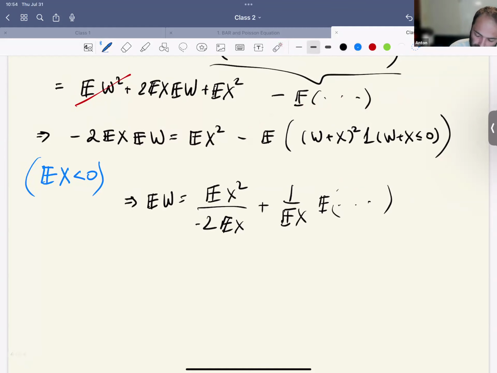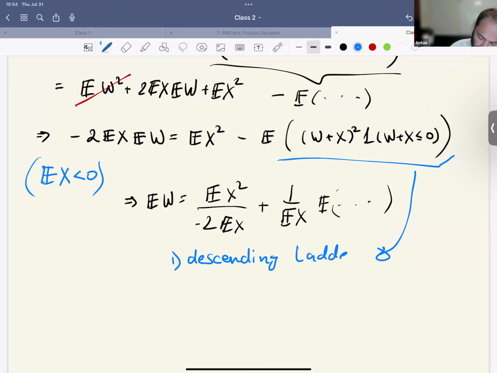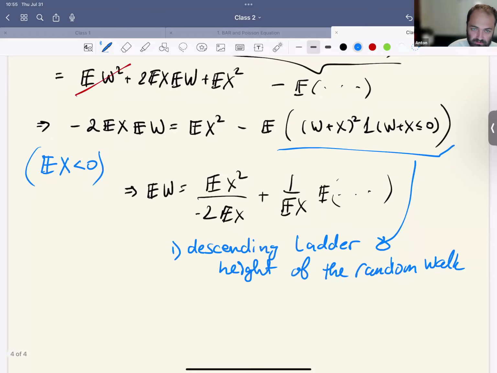And to summarize very briefly, this thing corresponds to, number one, the descending ladder heights of the random walk. The random walk given by the Lindley recursion.